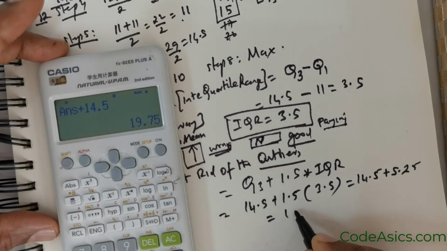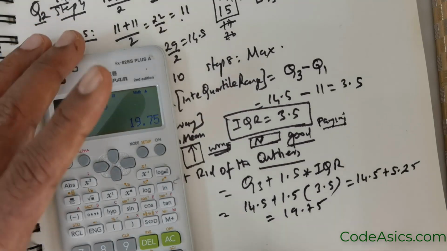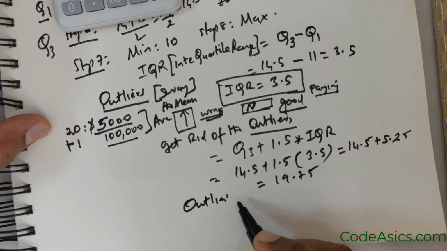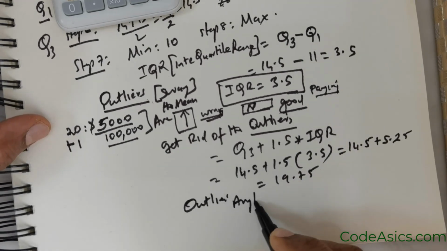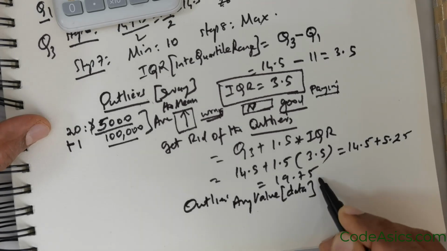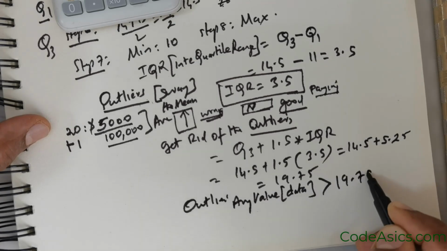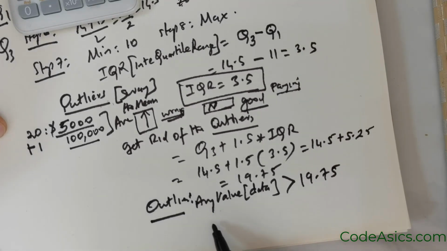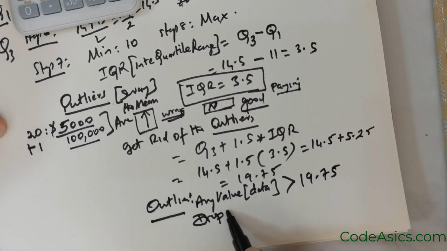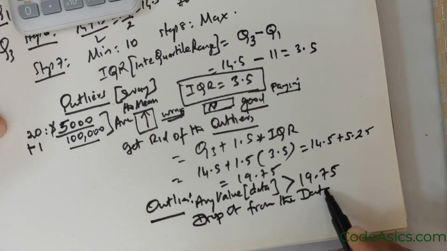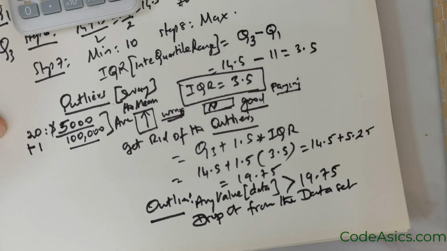You get 19.75. So any value or data greater than 19.75 is deemed an outlier. So you drop the value from the data set, because that is not going to give you a clear picture.